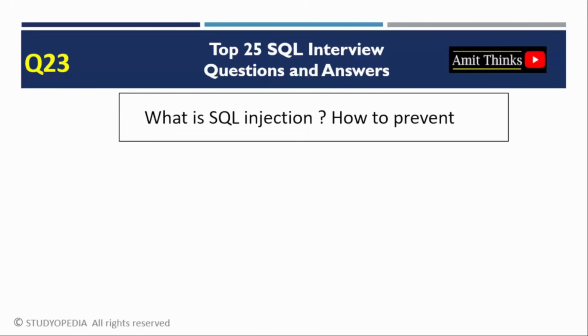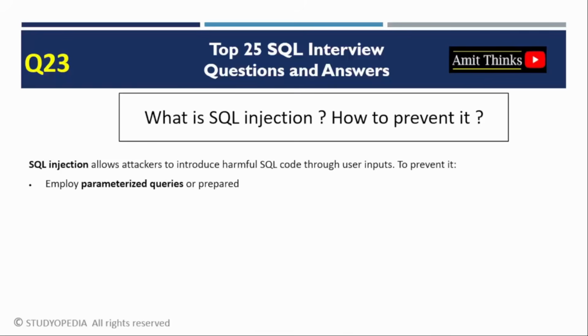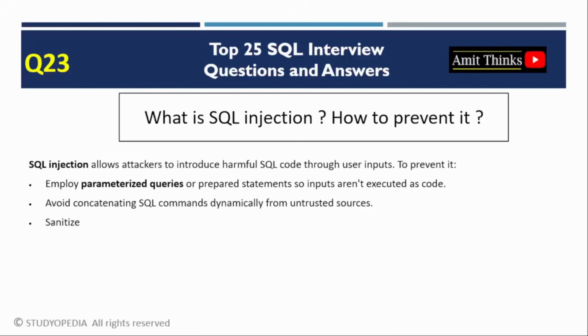What is SQL injection? How to prevent it? SQL injection is a security vulnerability where malicious SQL is injected via input fields. Prevention methods include using parameterized queries to separate code from data, avoid dynamic SQL concatenation, sanitize inputs and enforce least privilege access.